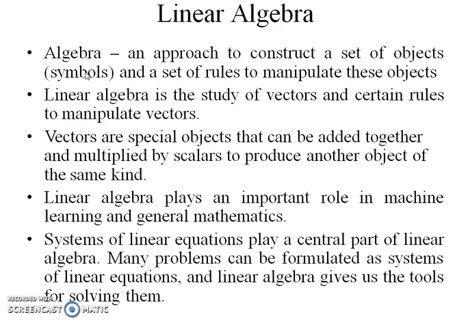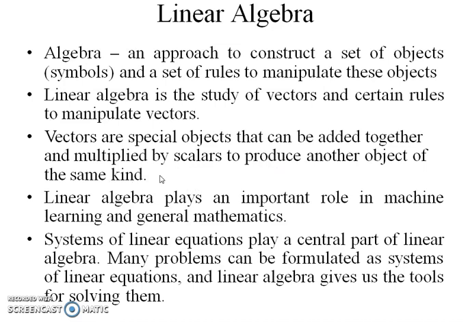Algebra is an approach to construct a set of objects and a set of rules to manipulate these objects. And linear algebra is the study of vectors and certain rules to manipulate the vectors. Vectors are considered special objects that can be added together and multiplied by scalars to produce another object of the same kind.